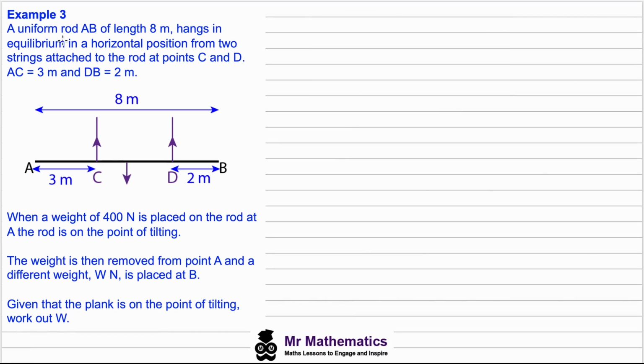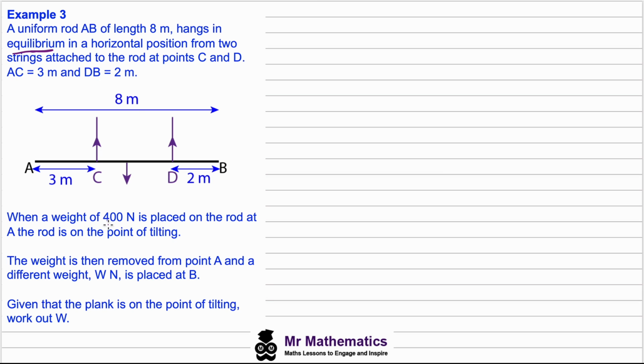Okay, so in example 3, we're told that a uniform rod, AB, of length 8 meters hangs in equilibrium, in a horizontal position from two strings attached to the rod at points C and D, which are here and here, where A to C is 3 meters and D to B is 2 meters.